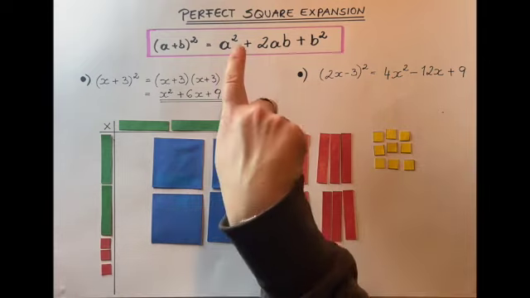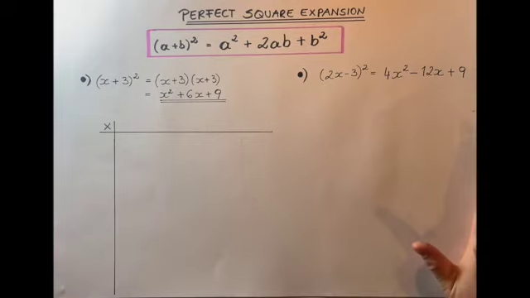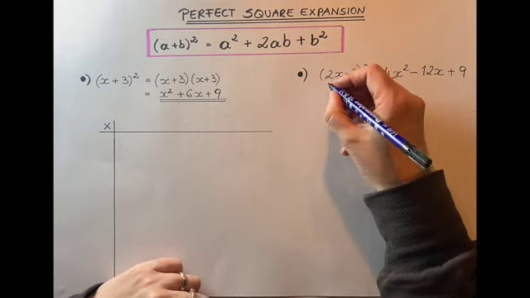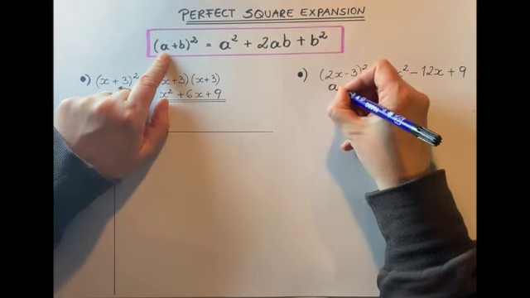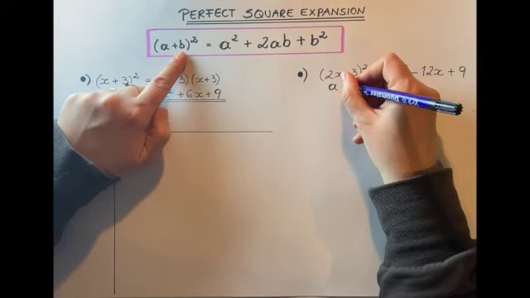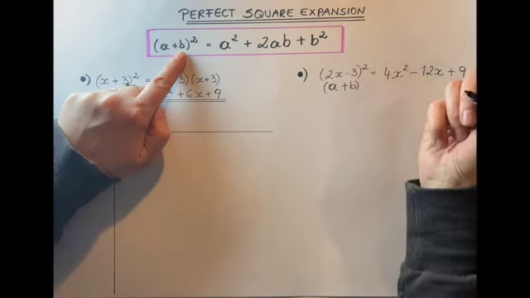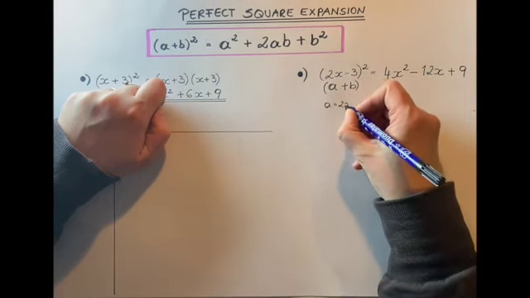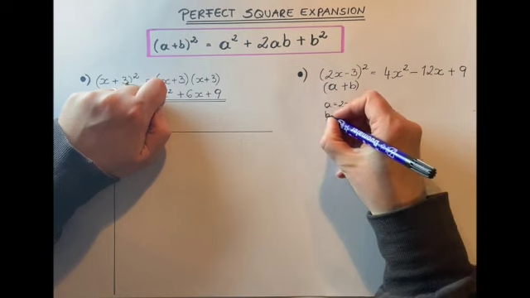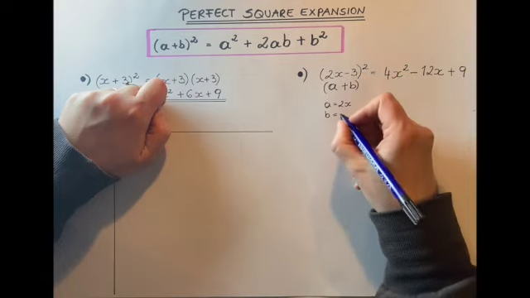And now we're going to use our law that we have produced and see if we got the same thing. So our a from that bracket is the first term in that bracket, and the b is the second term in the bracket. So our a is 2x, our b is, careful here, negative 3.